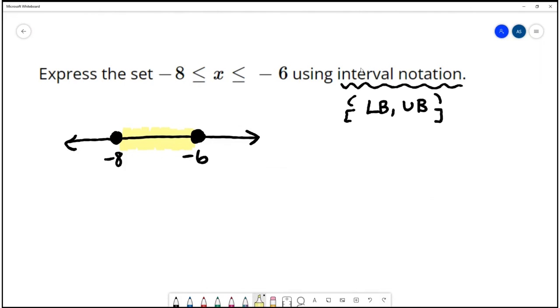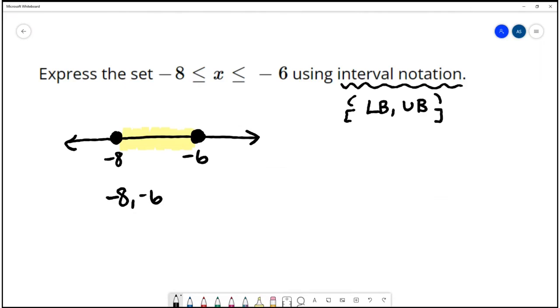Now, using interval notation, I need to figure out the lower bound and the upper bound. And what I mean by that is the lower bound of this shaded region and the upper bound of this shaded region. So the lowest number shaded is -8. That's our lower bound.